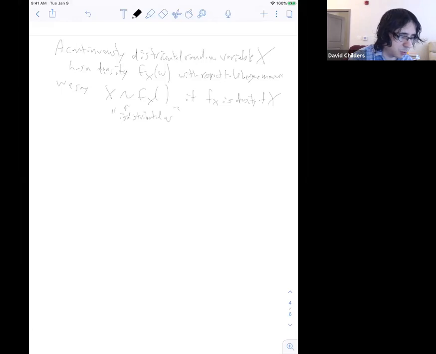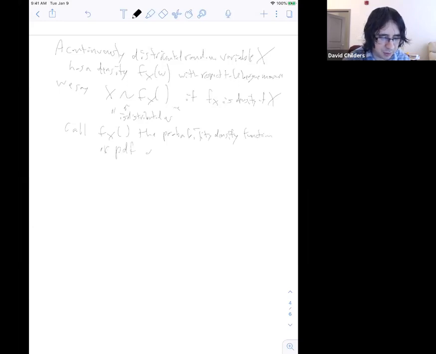And so we call f_X the probability density function, or PDF, of X.